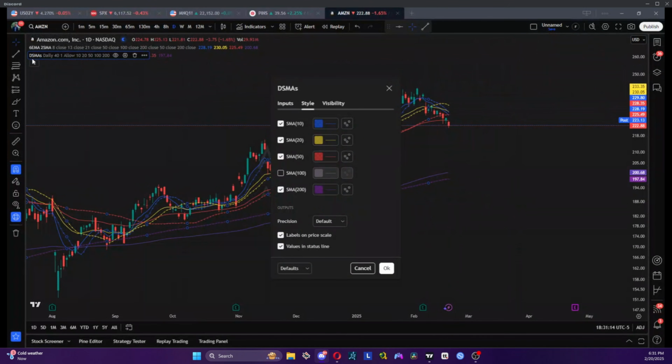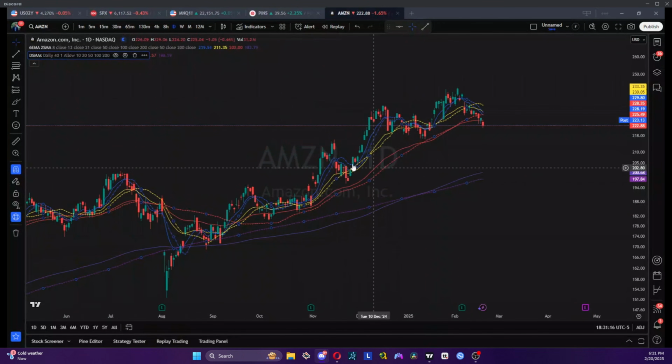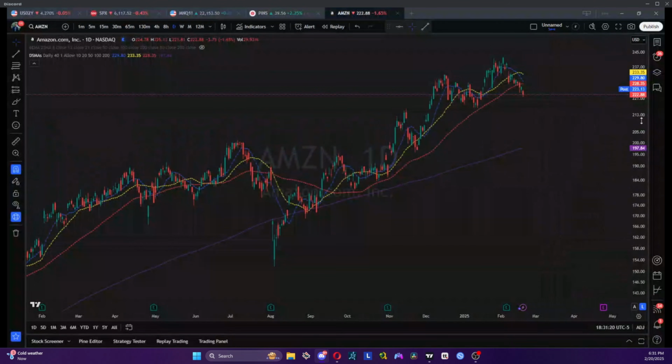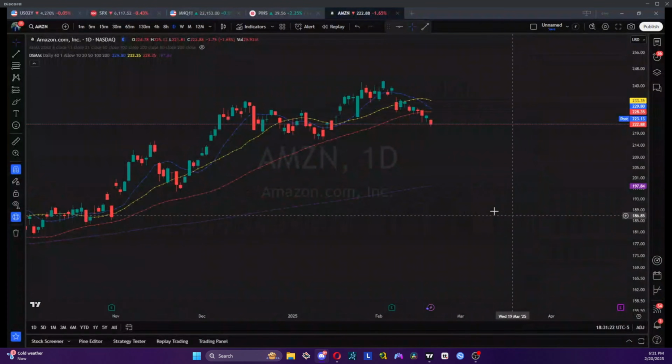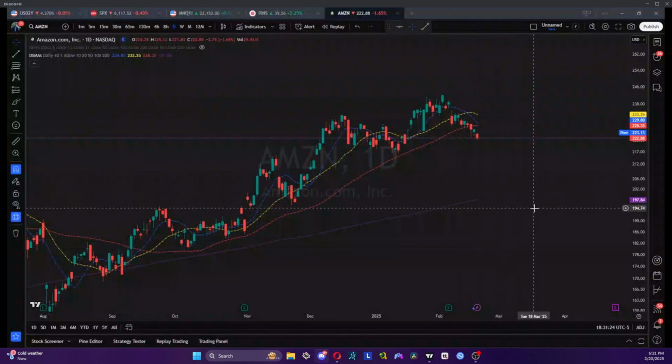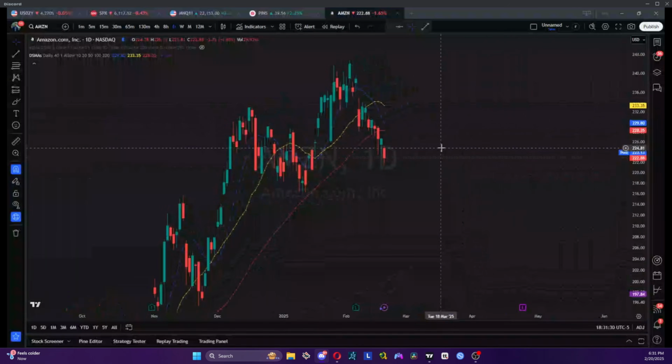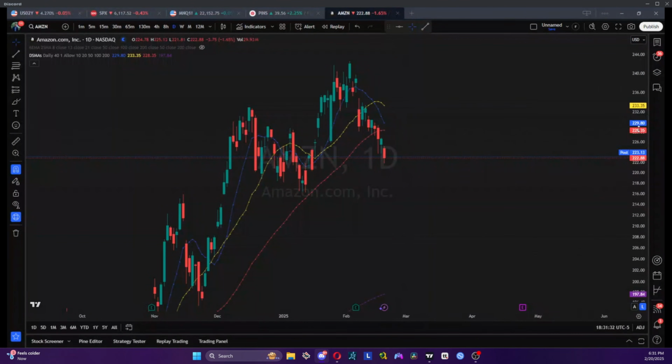These daily SMAs are exactly what you think they are. They are the static daily simple moving averages that remain on your screen no matter what time frame you're using. If you look at the 10-day SMA here, the price is 229.80, because we're on the daily. Keep that number in mind.